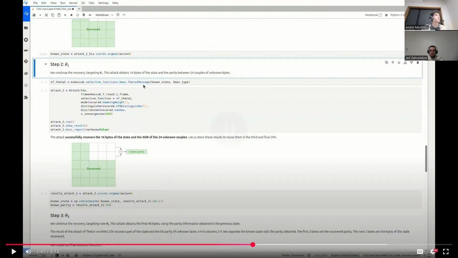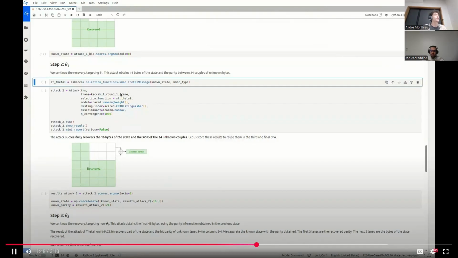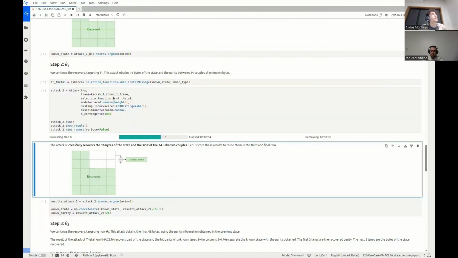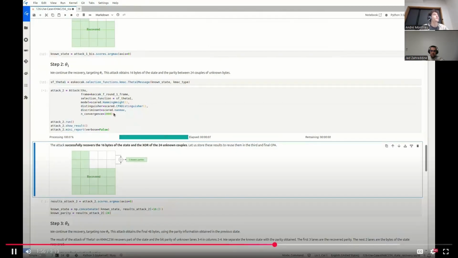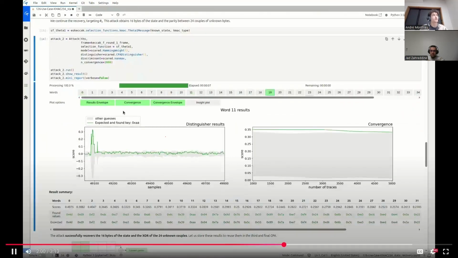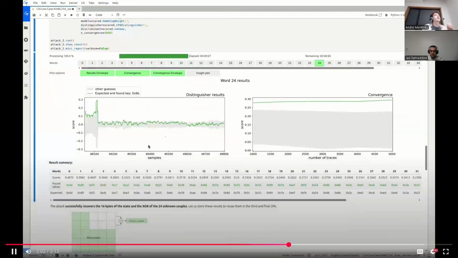Once again, we define the selection function corresponding to the operation that is being targeted. We change the frame to the round 1 of the Keccak F permutation and we just run the attack. And this time, no problem. It works.